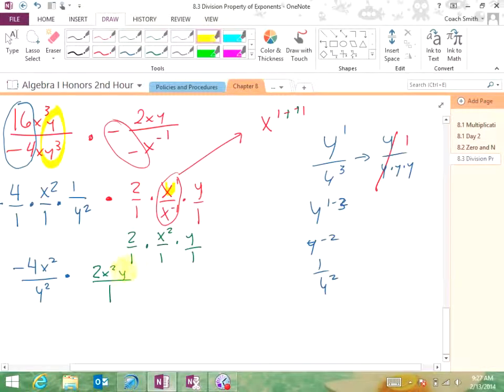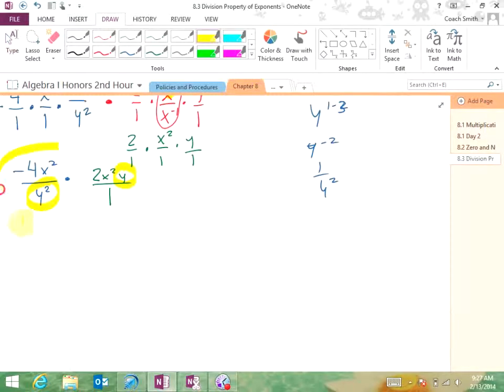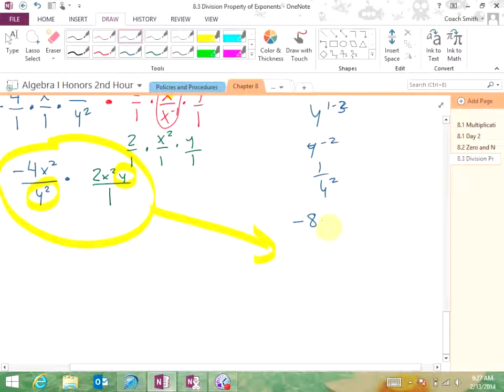Because now we're going to cross cancel. And realistically, all you're doing is this. Let's look at this right here. If I combine those two fractions, it gives me this: negative 8 x to the fourth y over y squared.